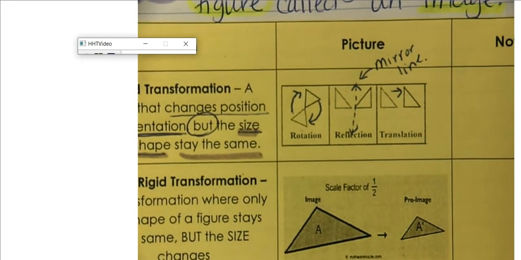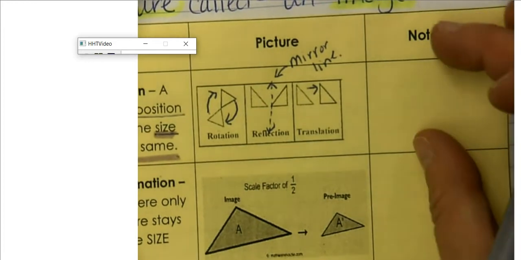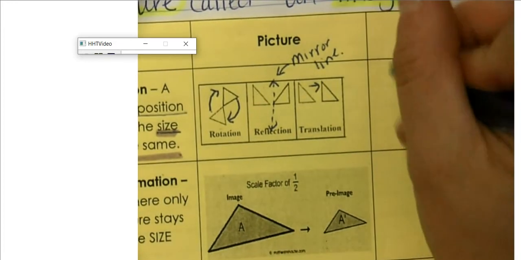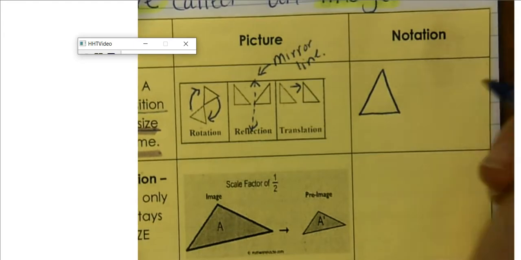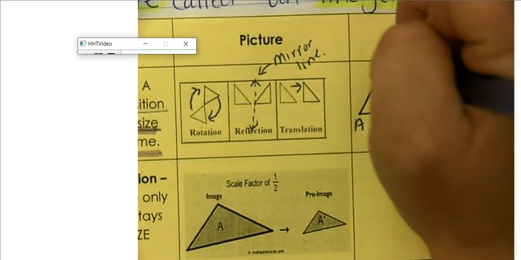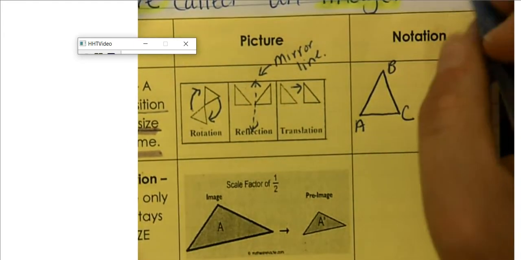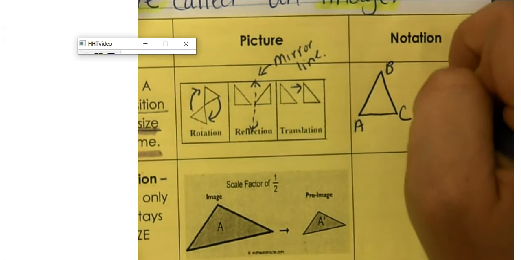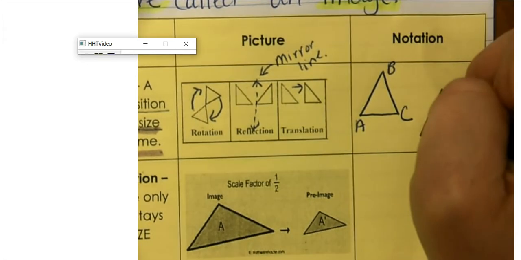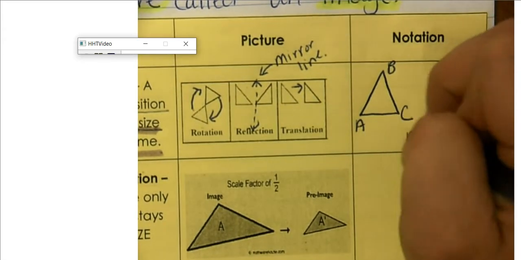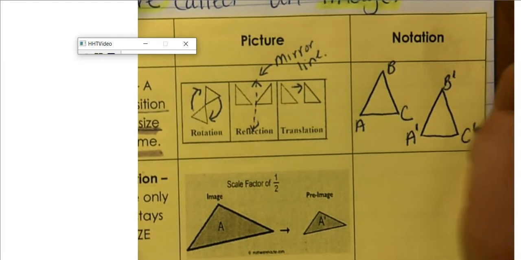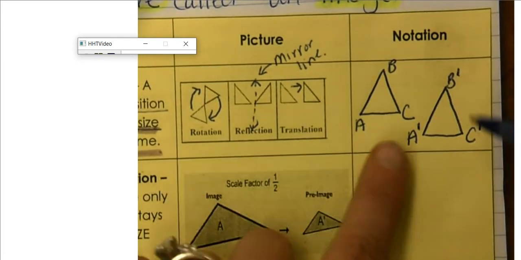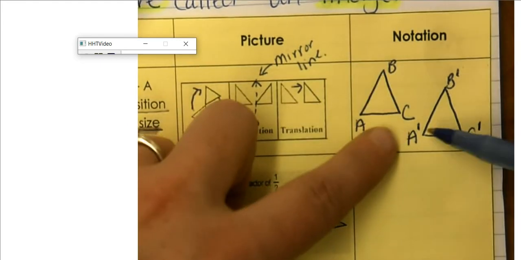When it comes to notation, we would always have 2 different things. So we would label, like if I were to talk about triangle ABC, and watch it change to something that is different. The size and shape will remain the same, but to show that it's just the same picture that has been moved, we would label A, B, and C with these apostrophes.